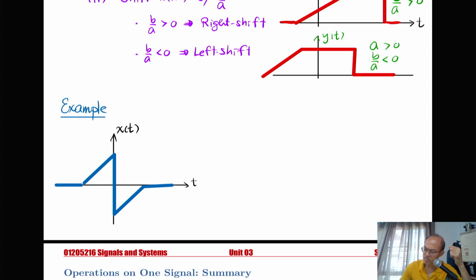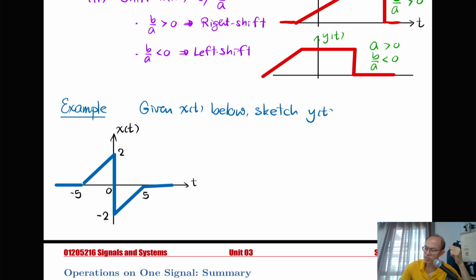And this is 5. This is negative 5, 0, 2, and minus 2. Given x below, sketch y, which is x of 3 minus t over 2.